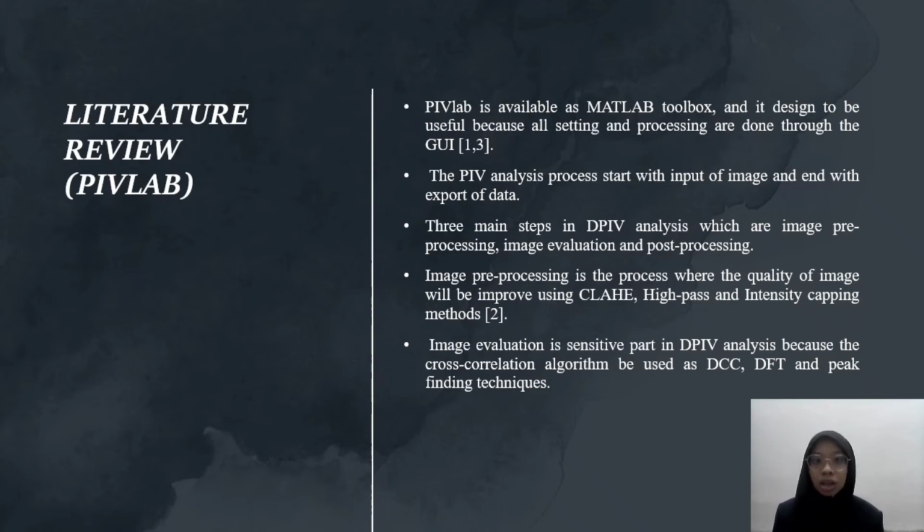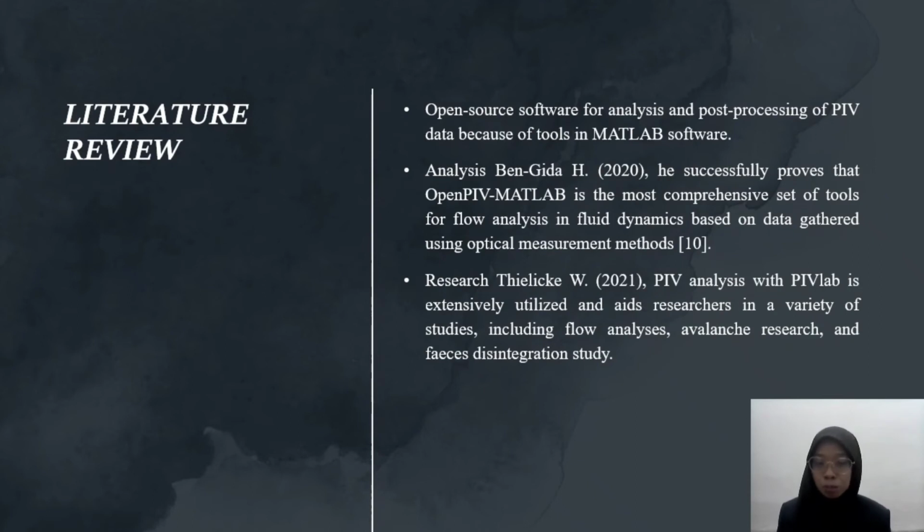Algorithms used are DCC, DFT, and peak finding methods. Most researchers propose using open source software for analysis and post-processing of PIV data because the tools in MATLAB software are user friendly.